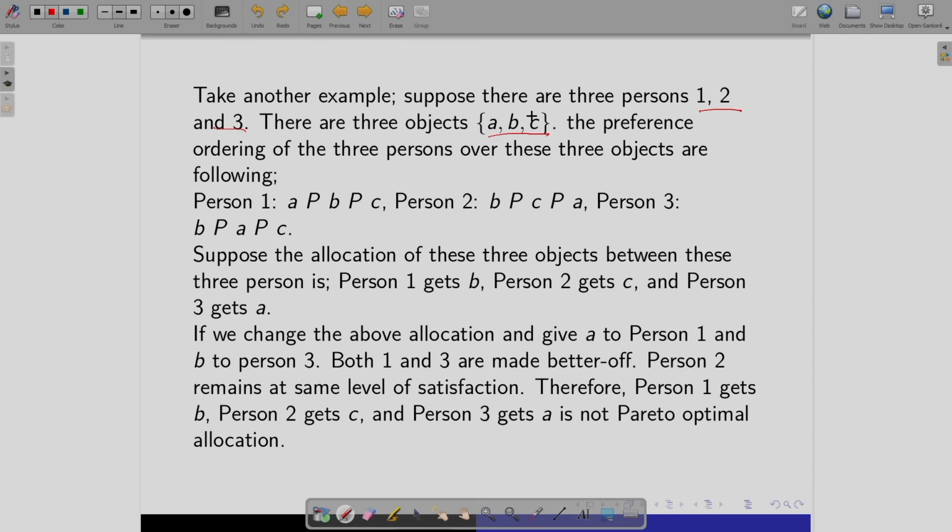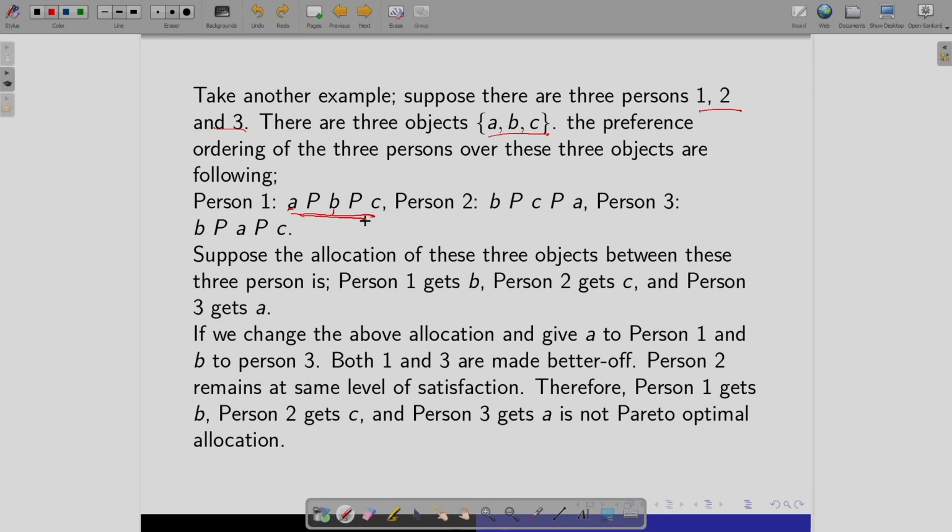Okay. Now, we know the preference of person 1 is that person 1 prefers A over B and prefers B over C. So, the person will be the happiest if he gets A, slightly less happy if he gets B, and worst off if he gets C.